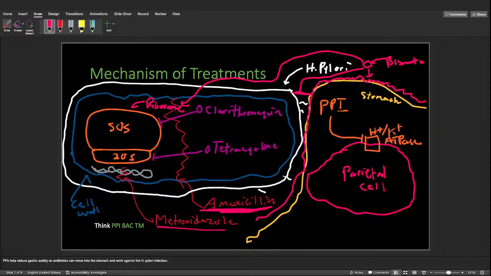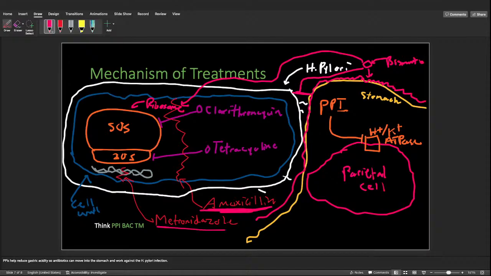And then there's another medication here, the PPIs. The PPI is essentially going to block the H plus, the proton and potassium ATPase transporter.